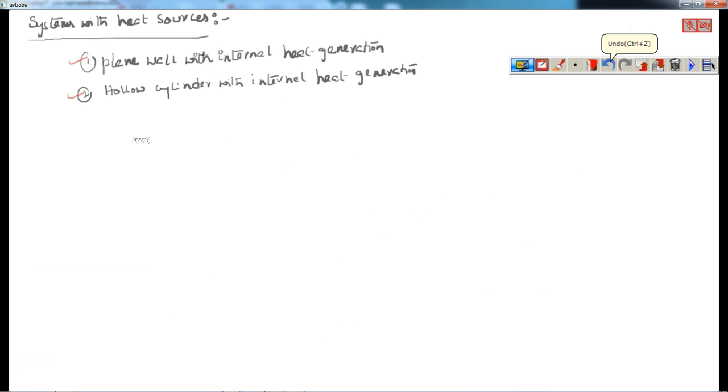Another case is for civil engineers: during drying and setting of concrete, some kind of heat generation takes place. Similarly, in electrical conductors there is some heat generation.